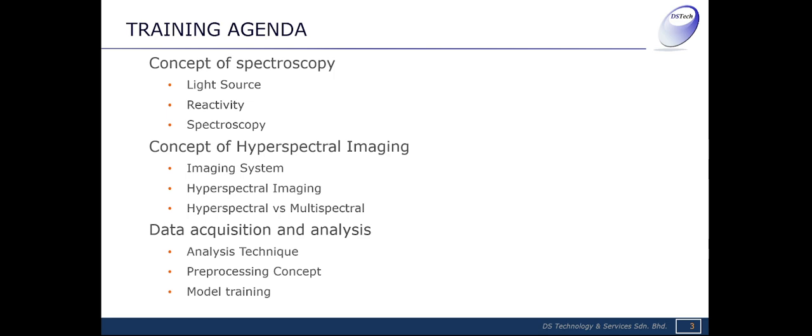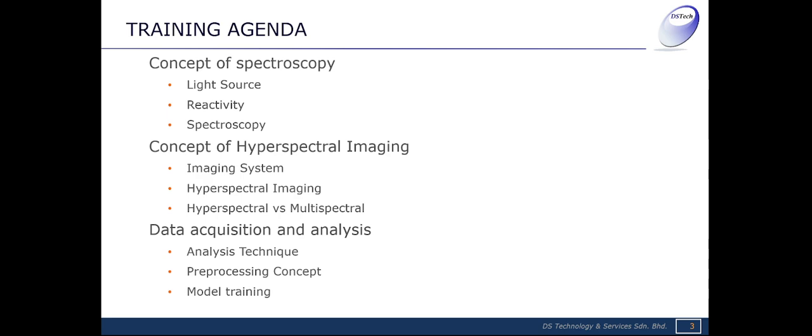So the training, I mean the theoretical part, is divided into three different parts. First will be the concept of spectroscopy. We talk about how spectroscopy works, the basic method of operation, what it is, and what it does.